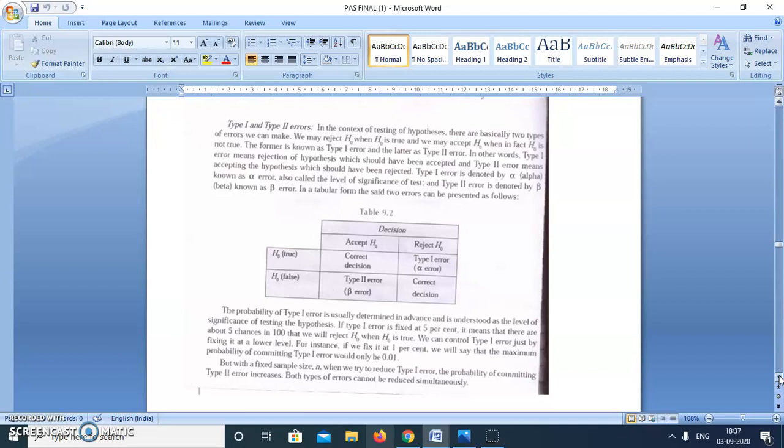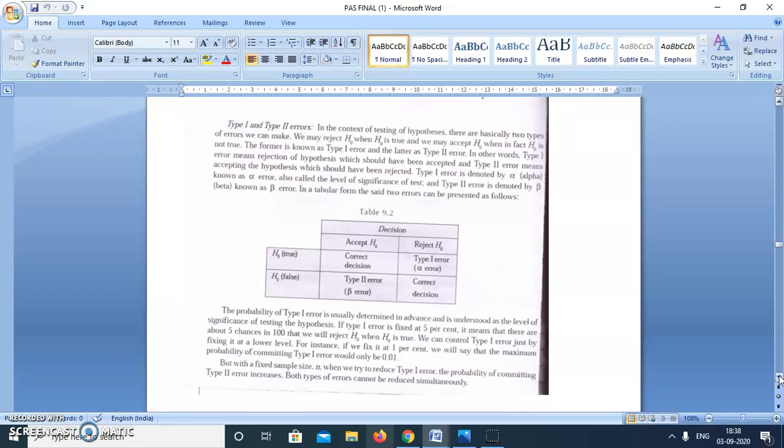So this error we can decide at the time of starting the test. But beta error is difficult to control, and if alpha error is reduced, beta error increases. That is a complex part, so we are leaving it at that point.